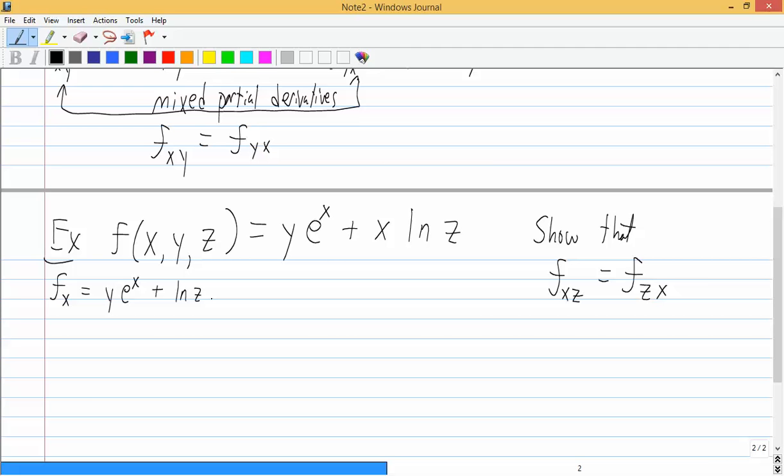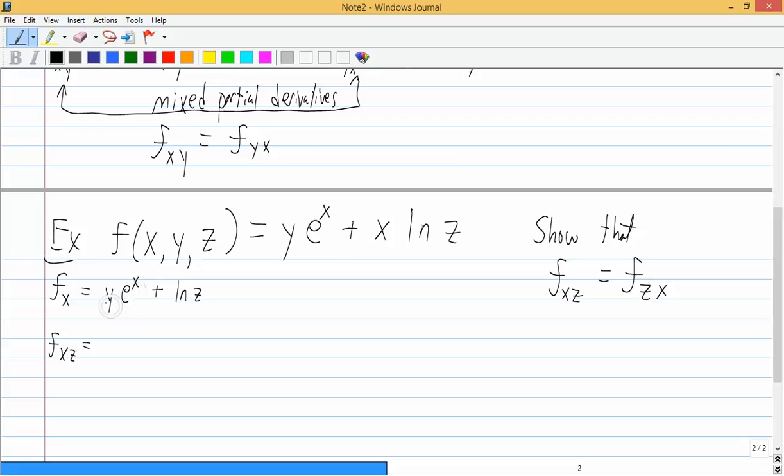All right, so we want to find f sub x z. So we need to take the derivative of this with respect to z. So f sub x z, this is the second partial derivative. What would the derivative of y e to the x be? We don't have a z right there, do we?